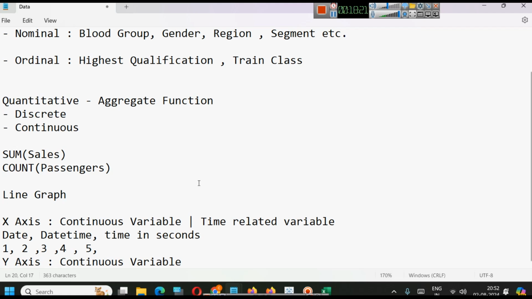It is actually used to compare if we increase one variable, then what is the effect of that variable on the other variable.